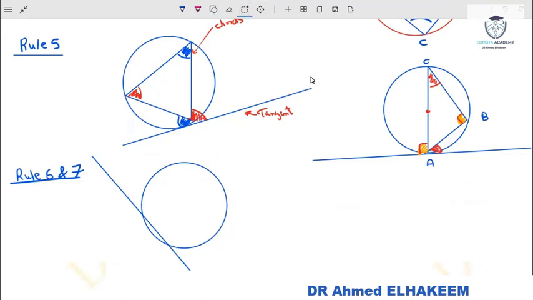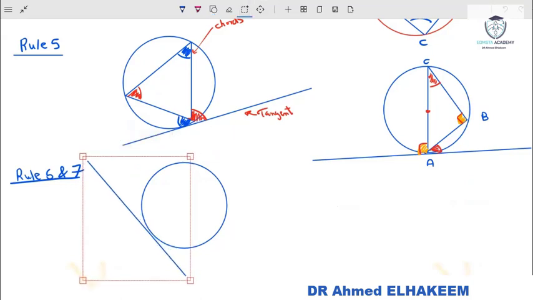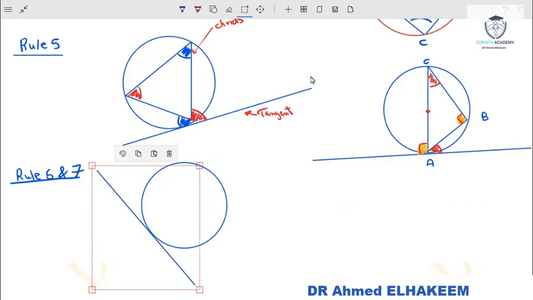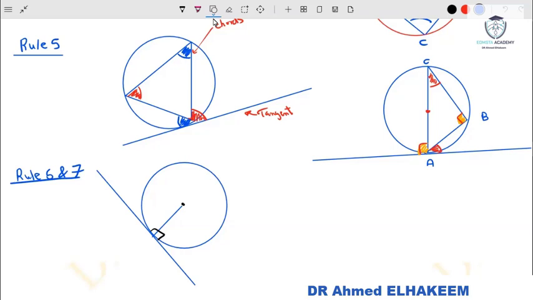Okay, this is tangent. And as I said before, if I have here some center, and I connect this like that, this is what? This is the right angle.